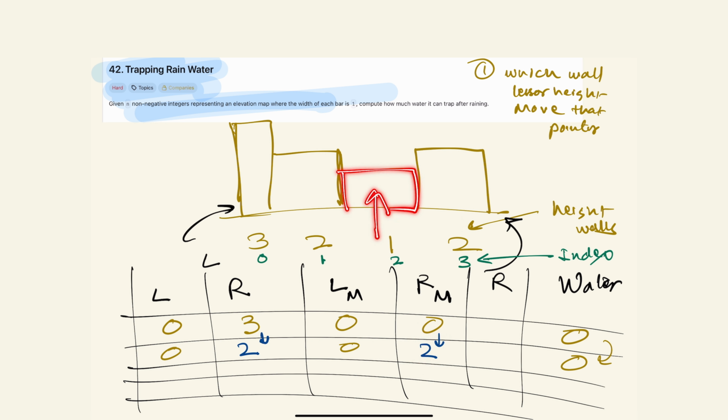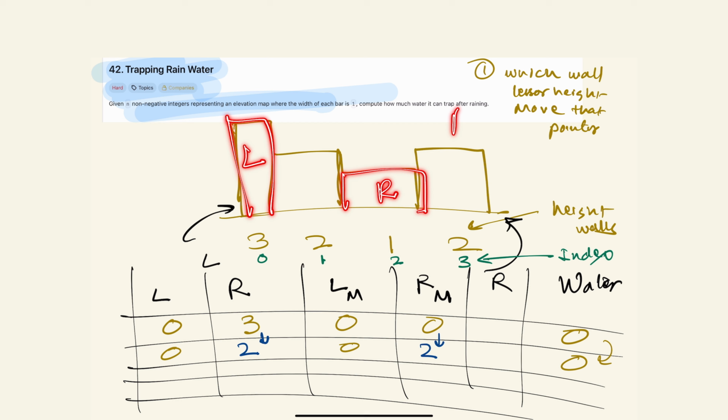Is it lesser or greater compared with the max on the right side? Yes, it was lesser. Lesser means I can hold water on this difference, the difference of right max and the wall length. I will repeat one more time. The right pointer is on this wall, the left pointer is on this wall.